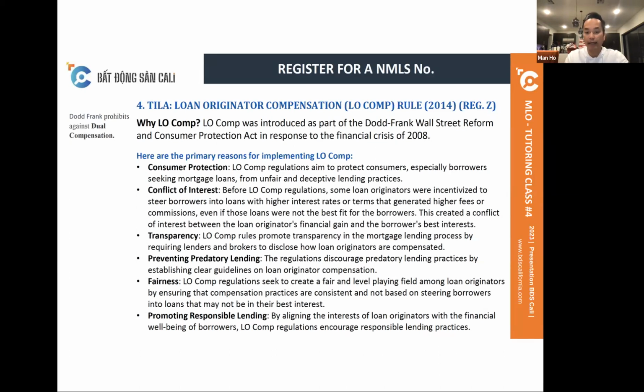It also aims at preventing predatory lending, like selling a high-cost loan to somebody who is unable to repay. Make sure that the borrower has the ability to repay. Take note of that phrase, ability to repay.